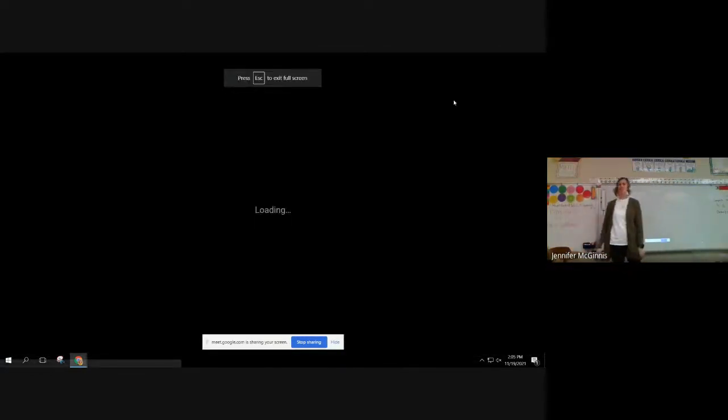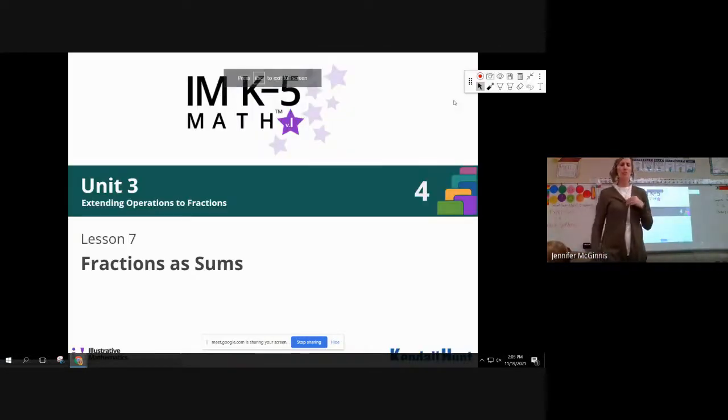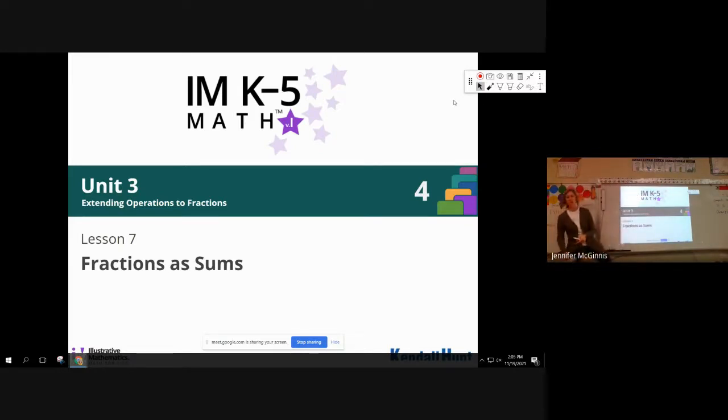Fractions as sums. We have been talking about multiplying whole numbers and fractions. Today we're going to talk about fractions as sums. What does sums mean? Fractions as sums.